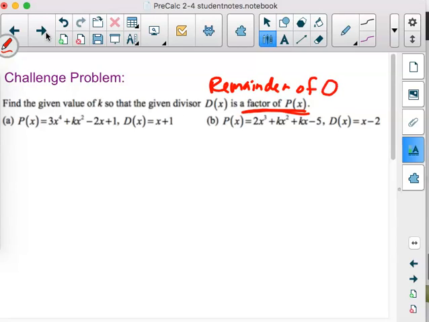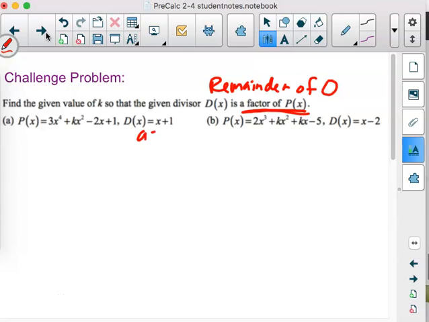Hey, wait a second. We had something called the remainder theorem in this section. And it said, if we want to just see that our remainder is 0, we should take our divisor in that x minus a form, figure out what a is, substitute it in here, and we'll get 0. Well, that's what we need to do.